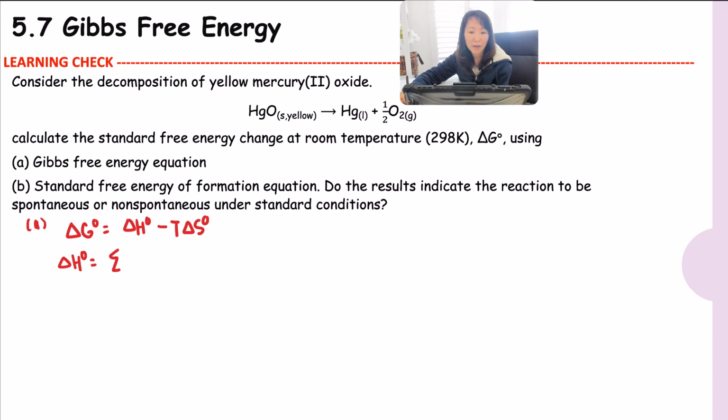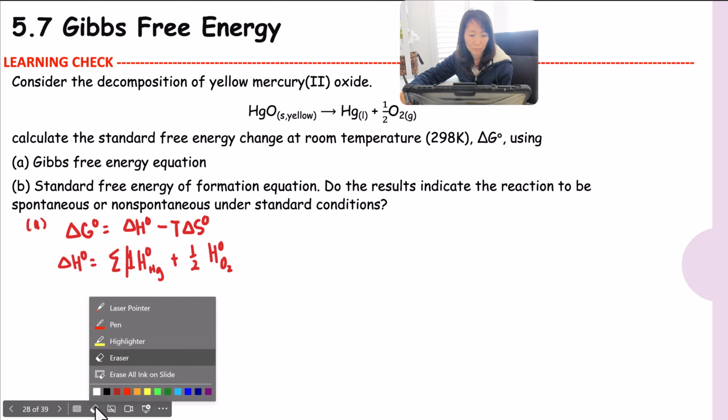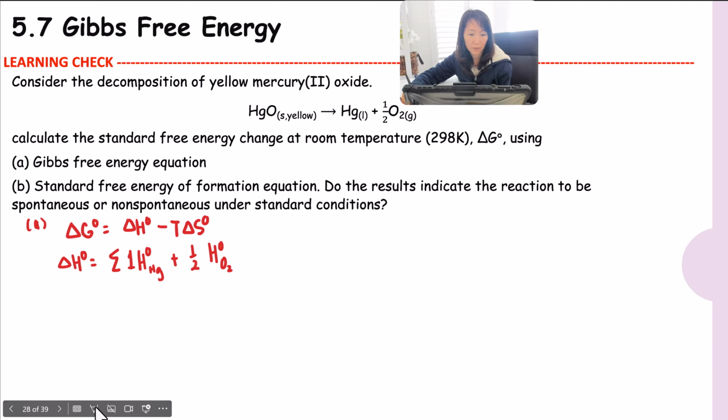I'm going to write 1 mole, since there's a coefficient of 1 in front of the mercury, of the enthalpy for mercury, plus, since it's a summation, 1/2 of the enthalpy of O2.